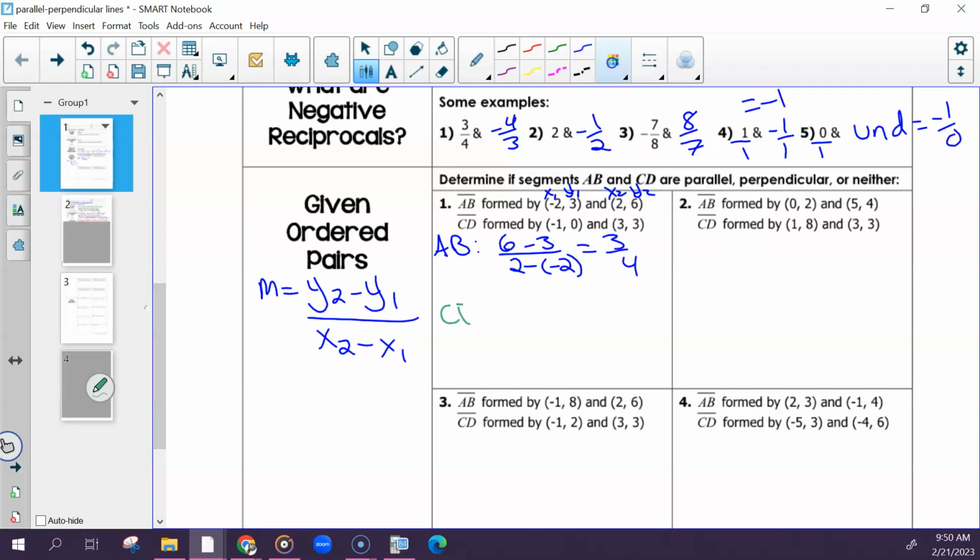And then if we do the same thing for CD, we have 3 minus 0 over 3 minus -1. 3/4. So are these parallel, perpendicular, or neither? Parallel, because they're the same. So you can either write out the word parallel down here or use the symbol.